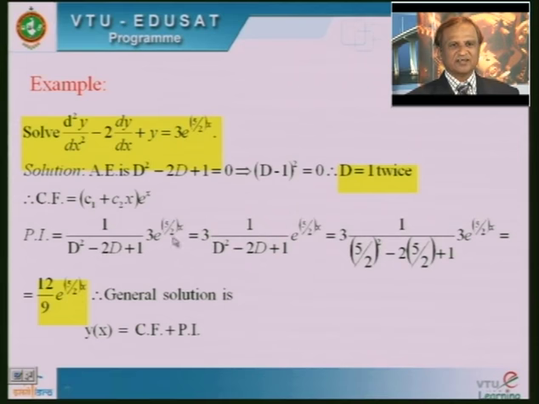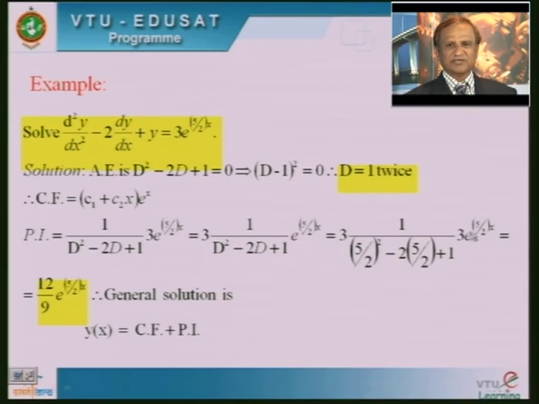What I have written here: 3 is a constant, so you can keep 3 as it is, 1 divided by (5/2)^2 minus 2 times 5/2 plus 1, into e^(5/2 x). I have replaced D by 5/2.